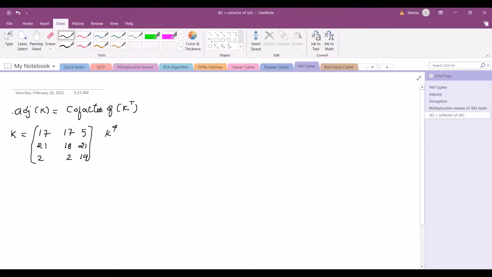So K transpose is 17, 21, 2, and 17, 18, 2, and 5, 21, 19. So this is the K transpose, and for this I need to find the cofactor.